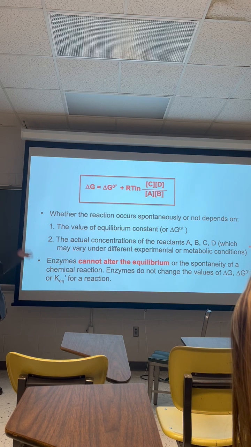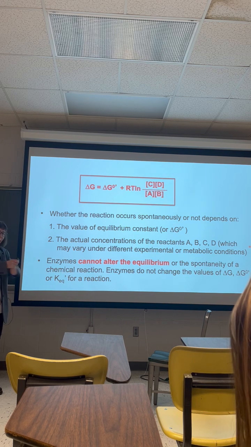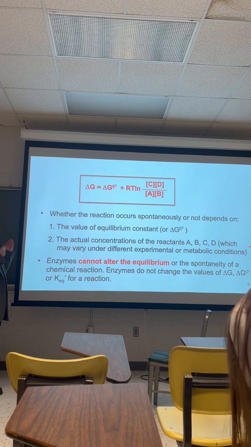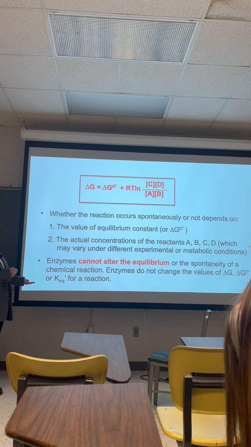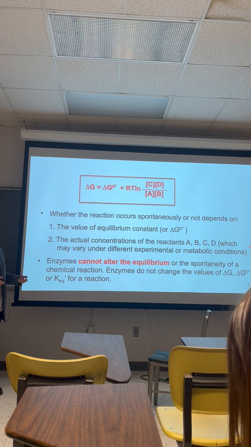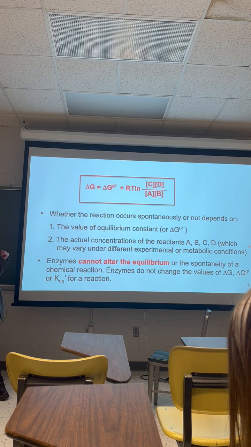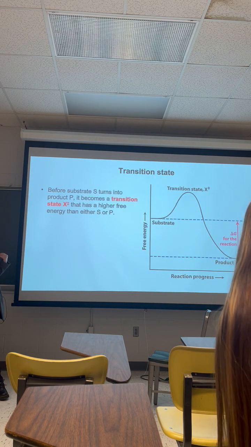You may add your enzyme, but it is not a magic little person that will make the reaction happen. If delta G is greater than 0, the enzyme cannot do anything. If delta G is less than 0, the reaction will occur spontaneously, but without the enzyme, maybe it would take hours. And in the presence of enzymes, it will go faster.